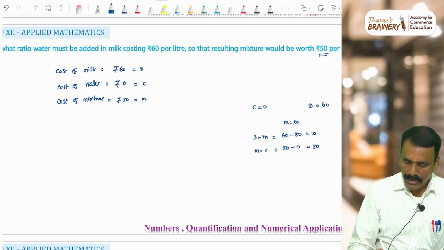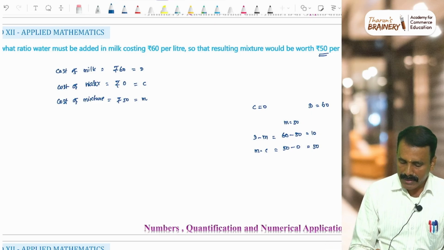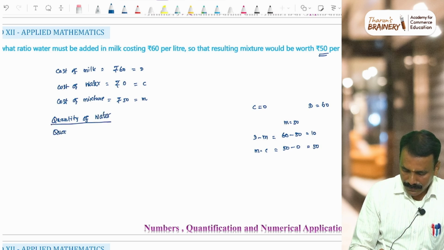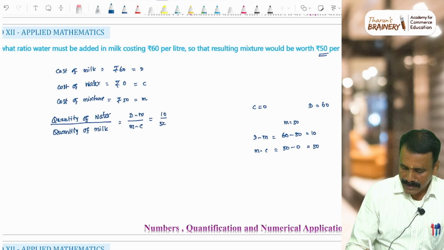So we are going to find the ratio in which the water and milk are going to be mixed. See, quantity of water and quantity of milk is equal to D minus M divided by M minus C, that is equal to 10 divided by 50.